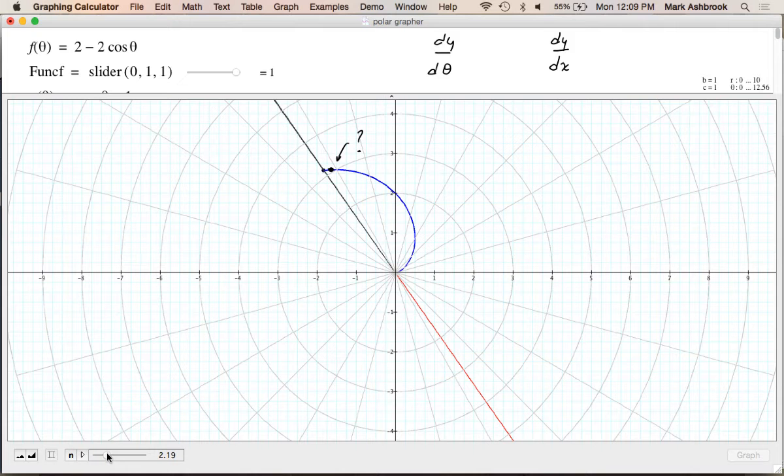So how do we reason about dy dx? Well, we would just look at a very small change in x and see where y is up or down.